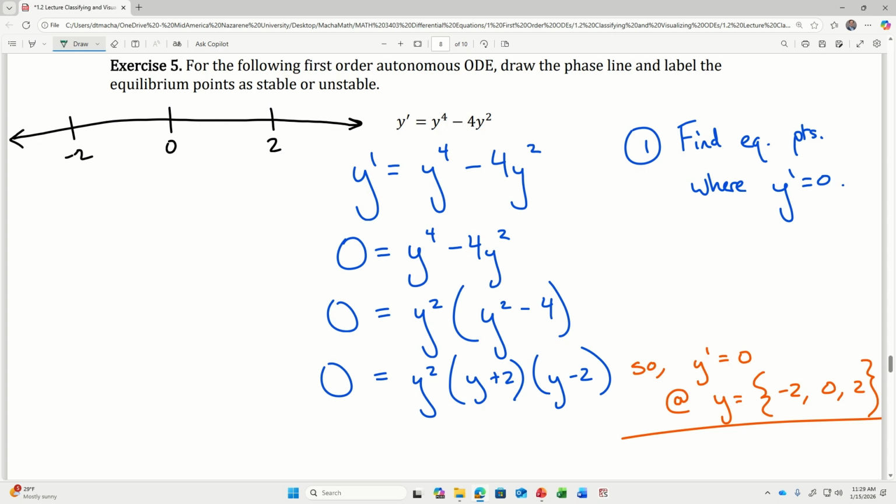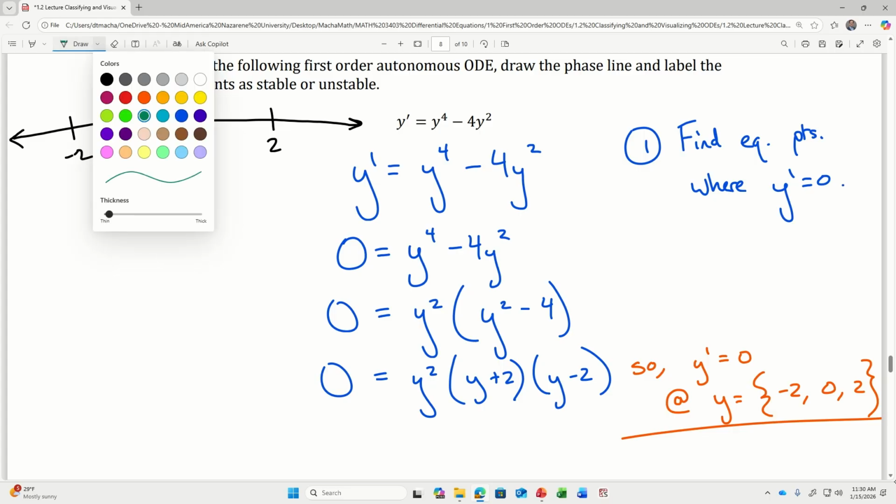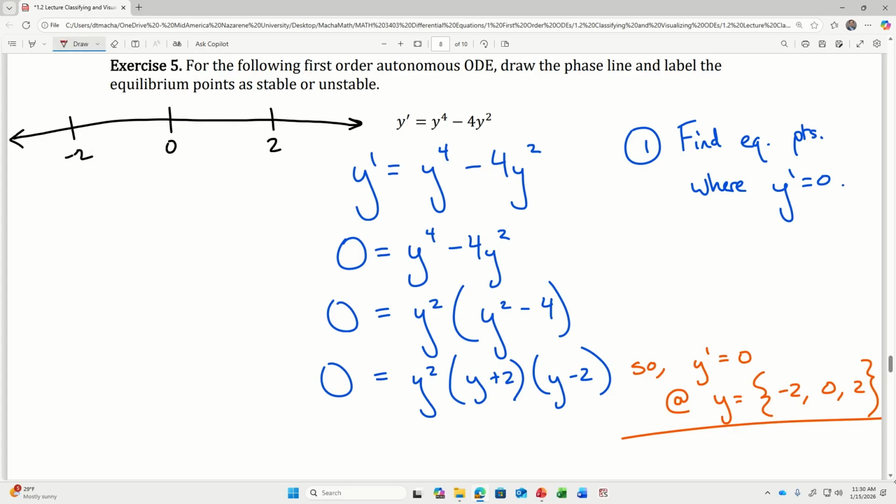Like in between 0 and 2, we've got the number 1. If y is equal to 1, what does that say about y prime? y prime would be 1 minus 4. So y prime is negative. And if y prime is negative, that means my solutions are moving to the left.